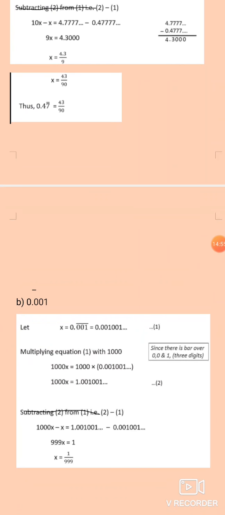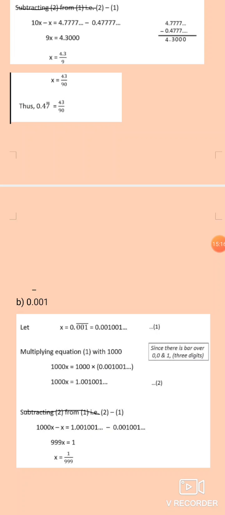Now the next one, B: 0.001 bar. So listen below that. Here the bar is over the whole block.